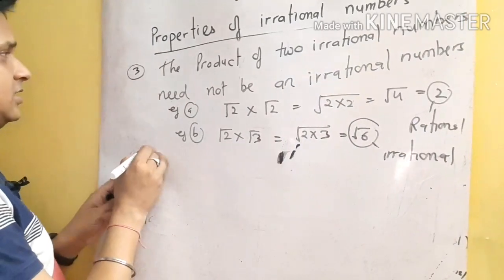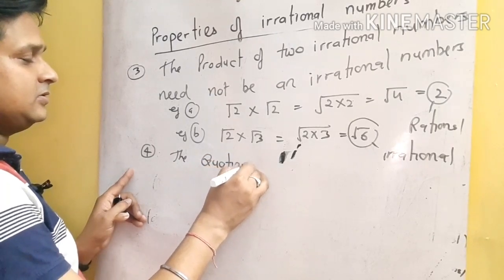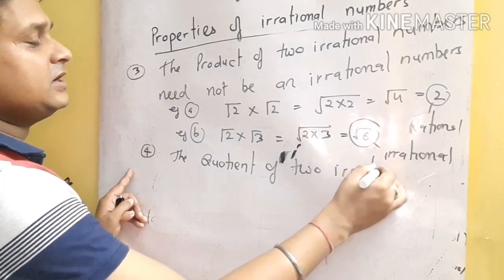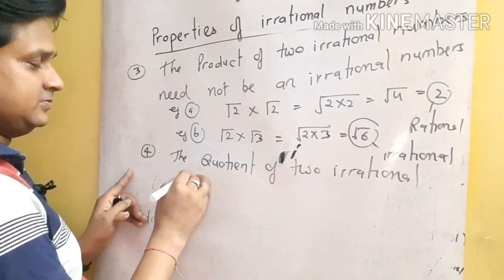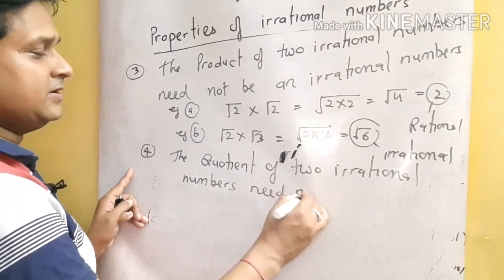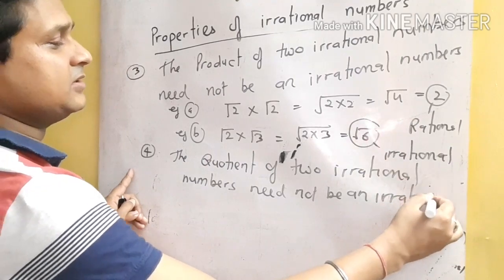Okay. Now the fourth property: the quotient of two irrational numbers need not be an irrational number.